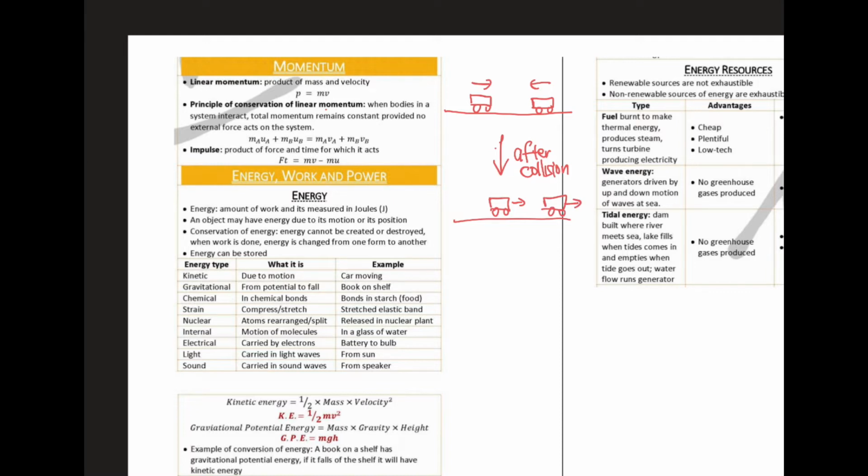You count the momentum before collision, and then you count the momentum after collision. You will realize their momentums are the same.